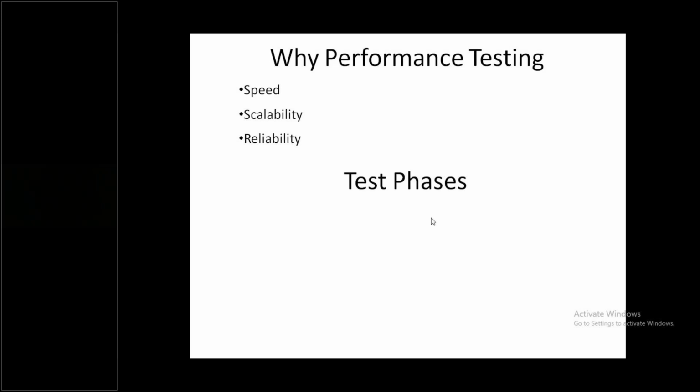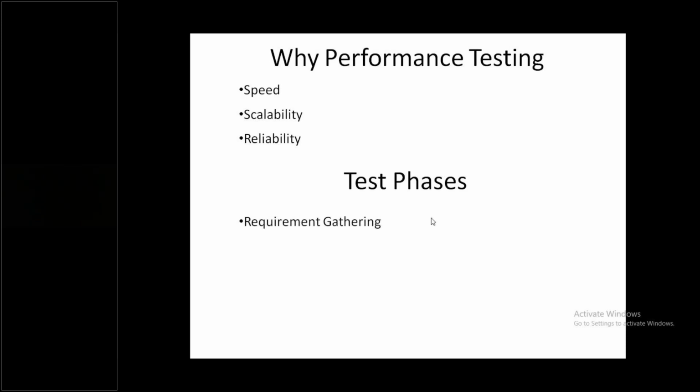Now because we are going to do performance testing, we are going to do different sets of activities, and those activities will be conducted in different phases of performance testing. Okay, so performance testing is a complete life cycle, right? It has a life cycle and it has different phases in that life cycle. In each of the different phases, we are going to do different activities. Now let us go through the different phases.